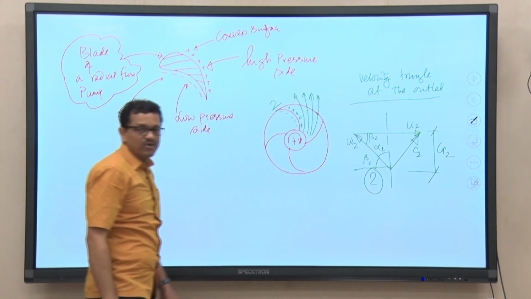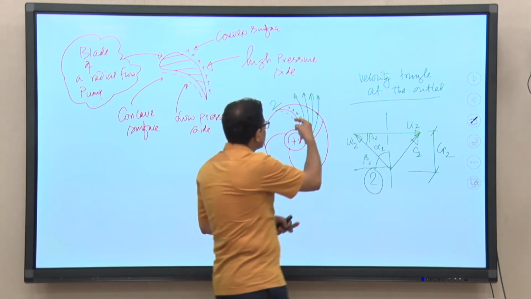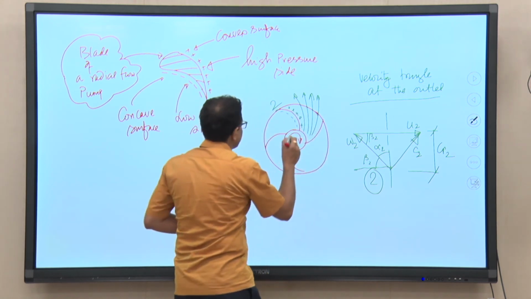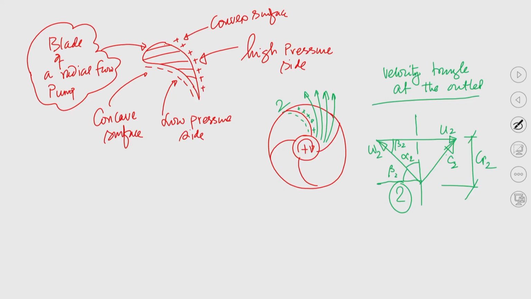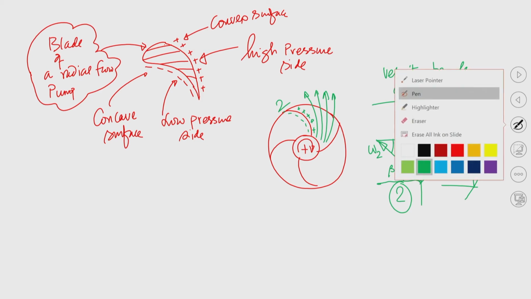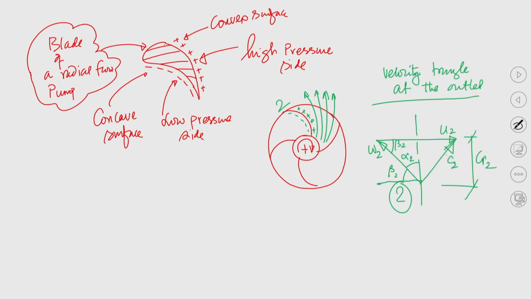What will happen because of this resultant force? If we take out this particular blade, again if I take a different color, this is the blade and this is point 2.